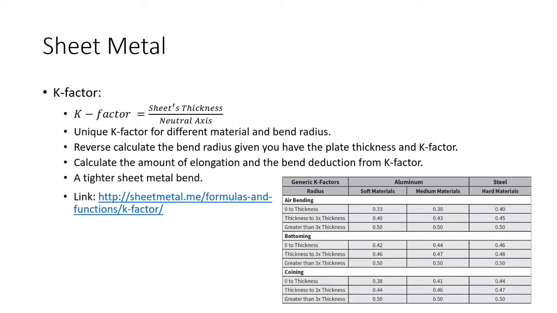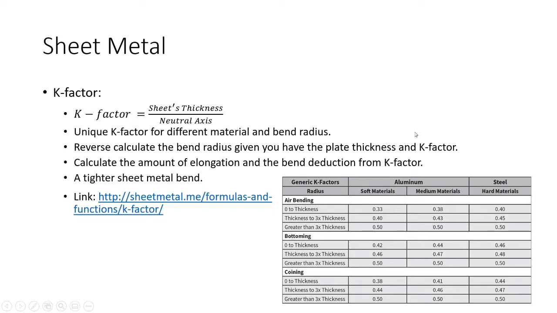And knowing K factor also gives you an idea how much elongation or bend deduction will occur on the material. You can get the predetermined values from this link here. This table shows only one example of how it is, depending on which method you're applying, what the thickness is, and what material you're using, what factors you need to apply or decide.